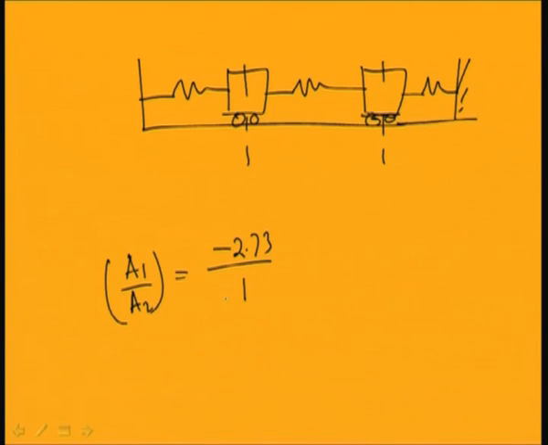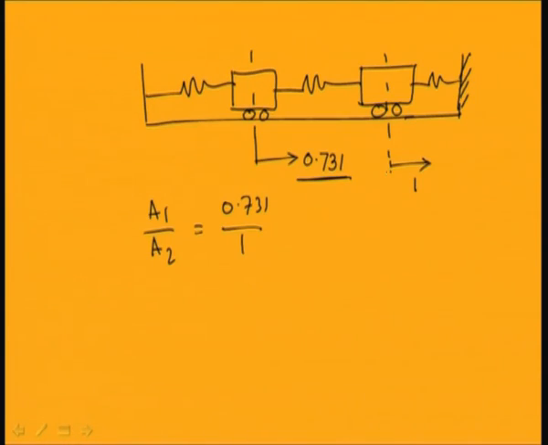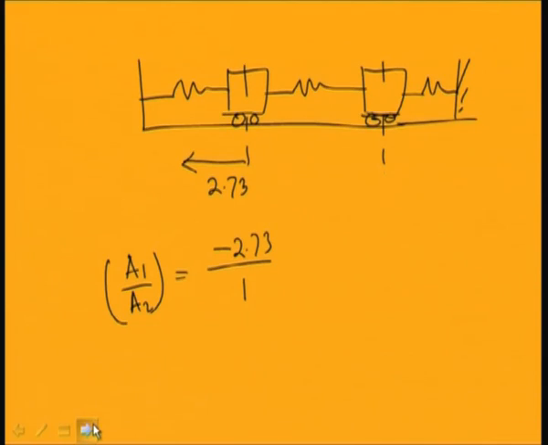This negative sign indicates that it is moving towards left. That means, when the second mass is moving a distance of 1 towards right, the first mass is moving a distance of 2.73 towards left.